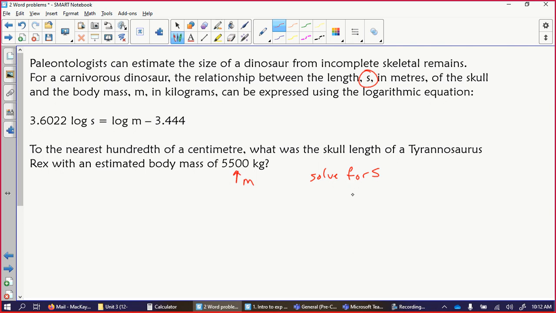That's all well and good. But when we're doing one of these questions, I have to know one of those two variables. In this case, we know what m is. We need to solve for s. 3.6022 times log of s equals log of 5,500 minus 3.44.